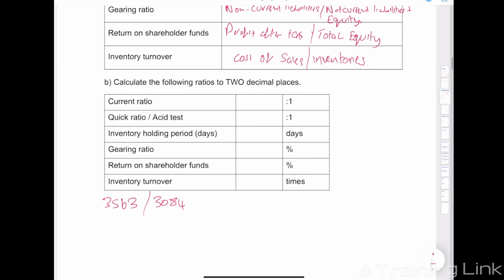We'll number these so we know what we're referring to. So 1. That gives us a ratio of 1.16.